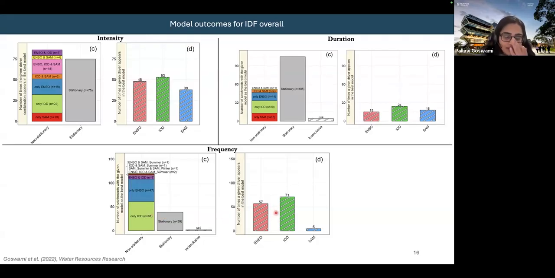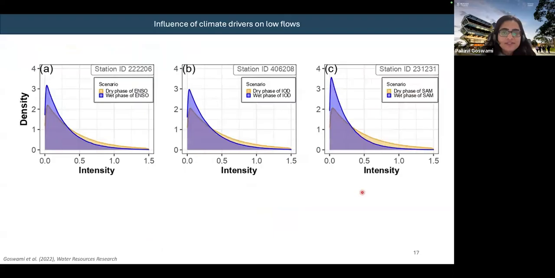And also the interesting thing that we found was IOD was significantly influencing the drought flows that we had modeled, which means for the Southeast Australian catchments, the IOD has a direct link with the low flows that we see. Yeah, so those are the kind of things that we can do with these models, and we can play around with the historic data to see how that's changing.